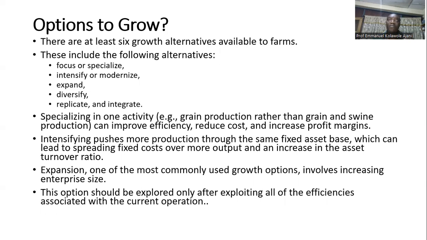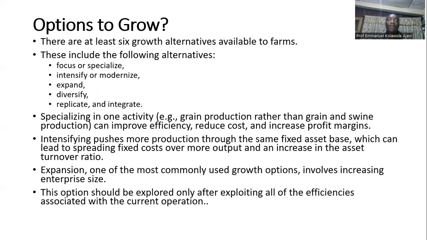Like maybe you are doing table fish production before, and you also want to specialize more into table fish production. Or another option for growth is intensification. Maybe you are producing 5 tons per hectare, you want to intensify it to 10 tons per hectare, or you want to modernize your operation.